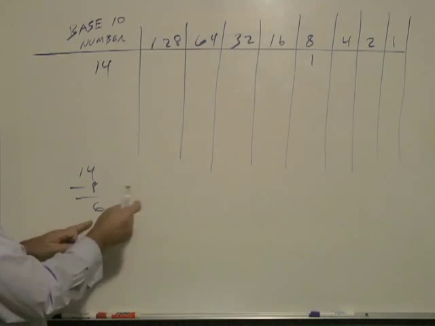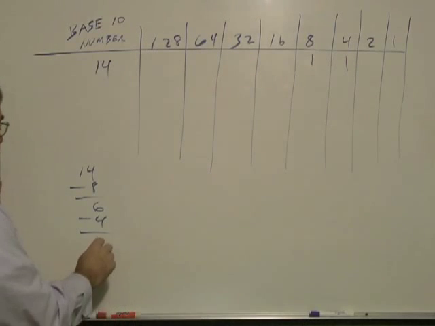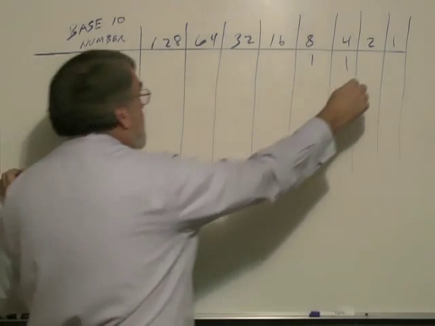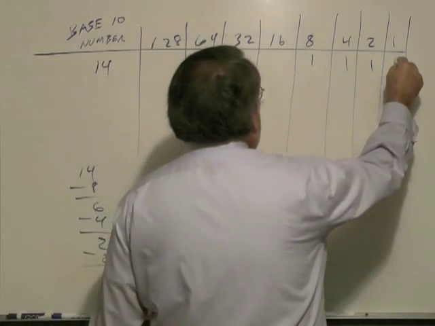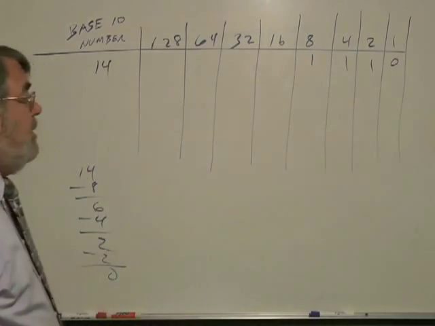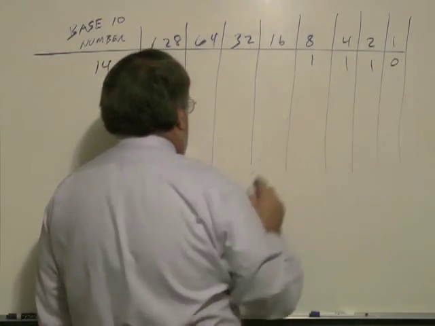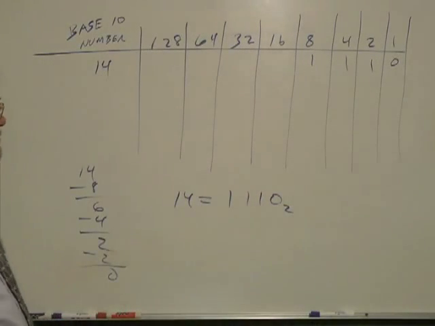I can subtract 4 from this, so I'll put a 1 there. The answer is 2. I can subtract 2. And now the remainder is 0, so I cannot subtract 1. So 14 would be 1110 base 2.